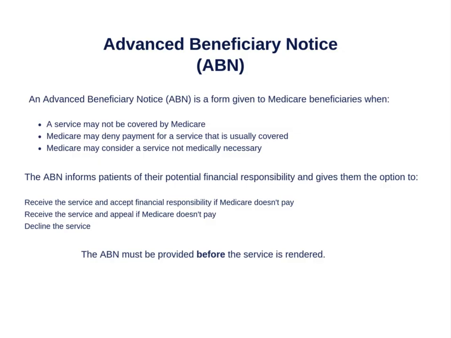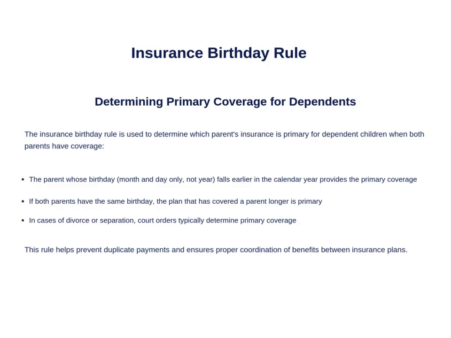It has to be done before they have the service, because you cannot bill the patient after they've had the service and this form was not signed. So this form has to be signed by the patient before they can receive that service, if they would like to have it. Again, depending on the cost, probably is what they'll make that decision. And that's an ABN for Medicare patients.